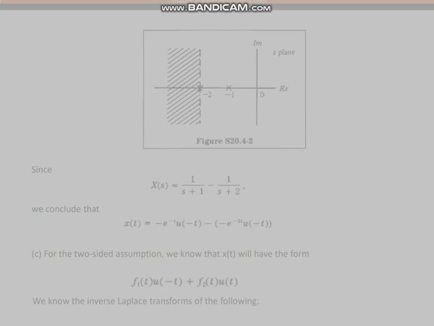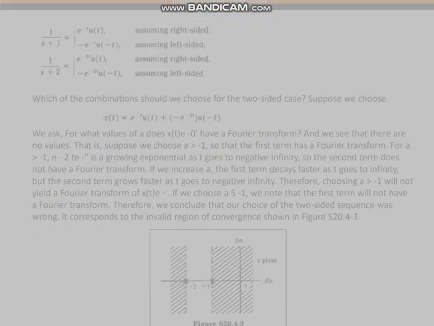Since we conclude that. C. For the two-sided assumption, we know that x(t) will have the form. We know the inverse Laplace transforms of the following. Which of the combinations should we choose for the two-sided case?